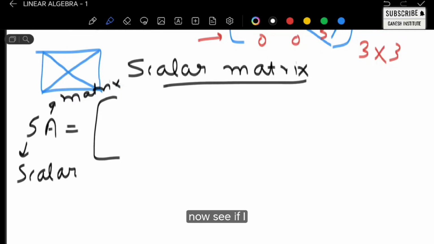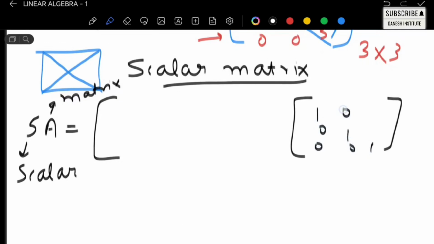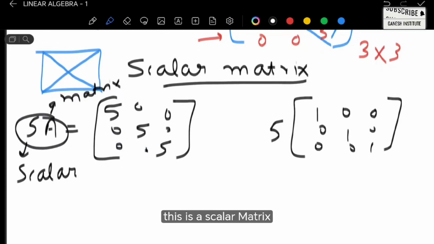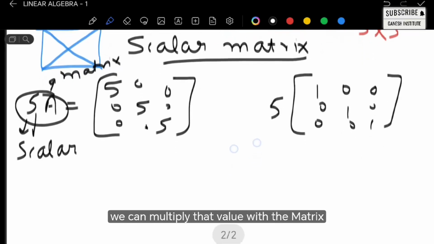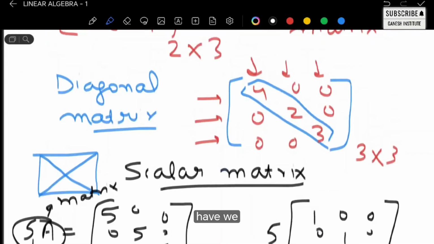Now see, if I have a diagonal matrix, for example, 1, 1, 1, and if I multiply it by 5, so 5a will be 5, 5, 5, 0, 0, 0. So this is a matrix multiplied by a scalar value. Okay. We can take out one value as common or we can multiply that value with the matrix and get the final matrix.